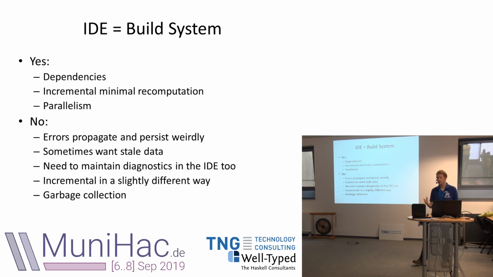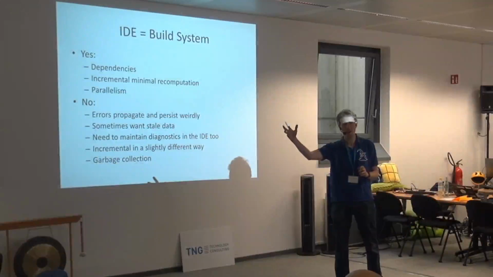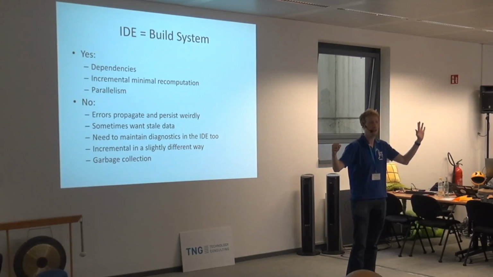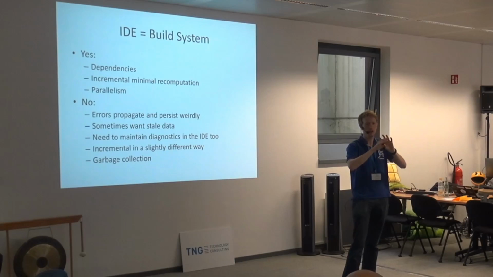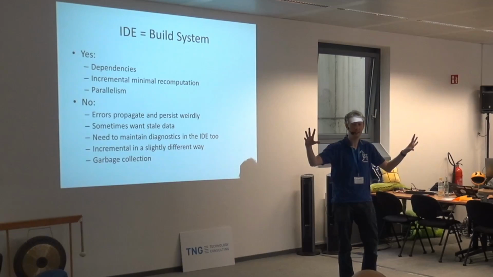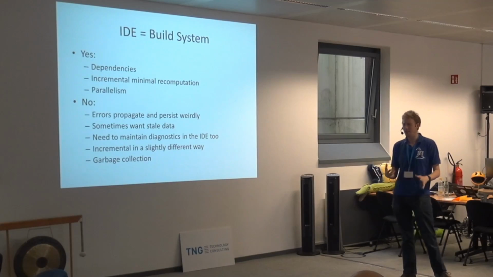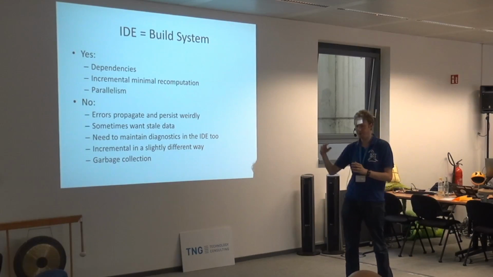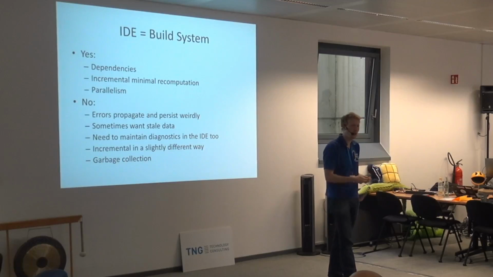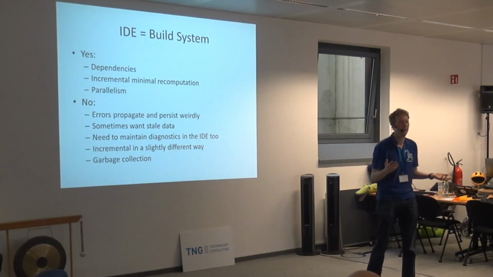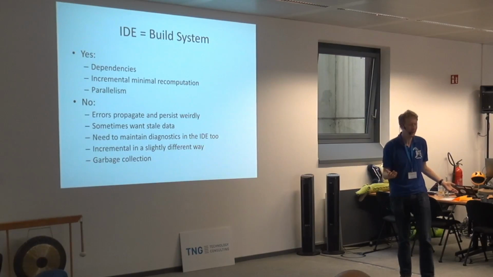There's also the issue that you've got the errors. With the LSP, you've got the errors in the build system and in the VSCode IDE through the LSP. So there's a shared state that they both need to agree on. It's also not quite incremental in the same way. This whole throwing away all the work you're doing whenever you press a keystroke, that's not really what you want.